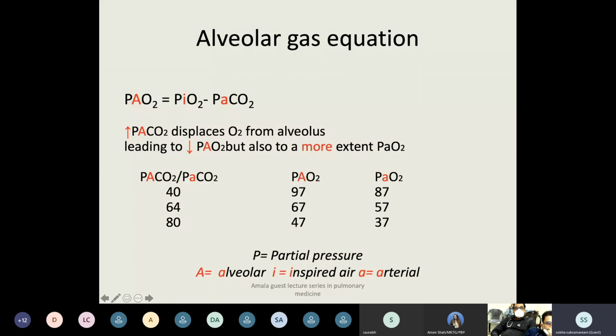Then there is a 10 millimeter gradient across the alveolo-arterial membrane, and so 47 can become 37. So when the PaCO2 goes up, you can imagine how much the PaO2 goes down, up to 37. So that is what happens when you have the application of alveolar gas equation in cases of hypercapnia.